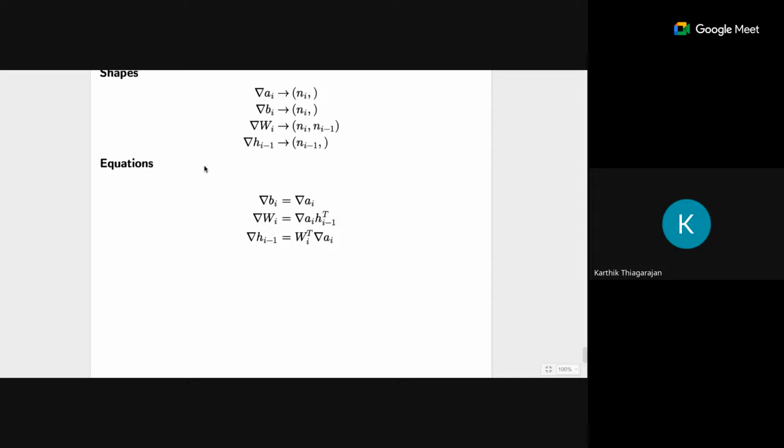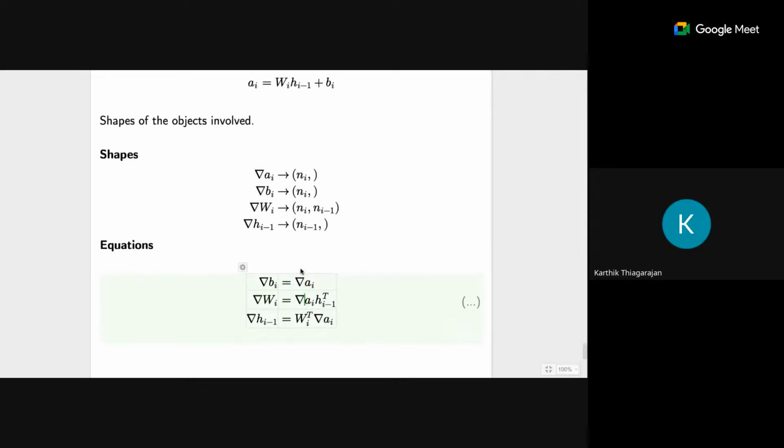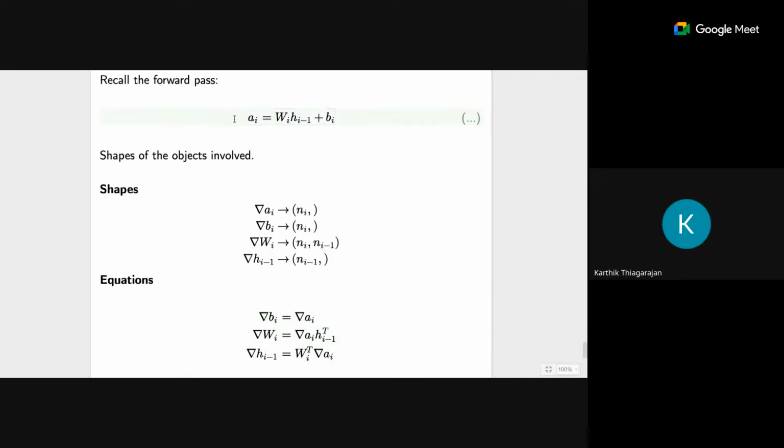Okay, so I know I am not giving you the exact intuition. It's actually quite interesting how these things come about. What I want you to mainly take away is, if you know the gradient with respect to a, and you are trying to find the gradient with respect to W, two factors are involved. One is a itself, and the other factor is h.